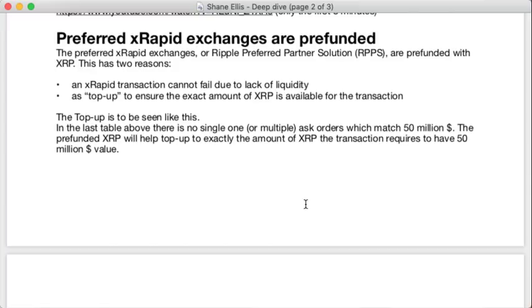There are two ask orders, one over $980 and one over $1,500. So the closer one to $1,000 is $980, but the transaction needs to transfer $1,000. So the top up, this 20 difference, this is what I think the exchanges will also be required to do with this pre-funding they're actually receiving from Ripple.